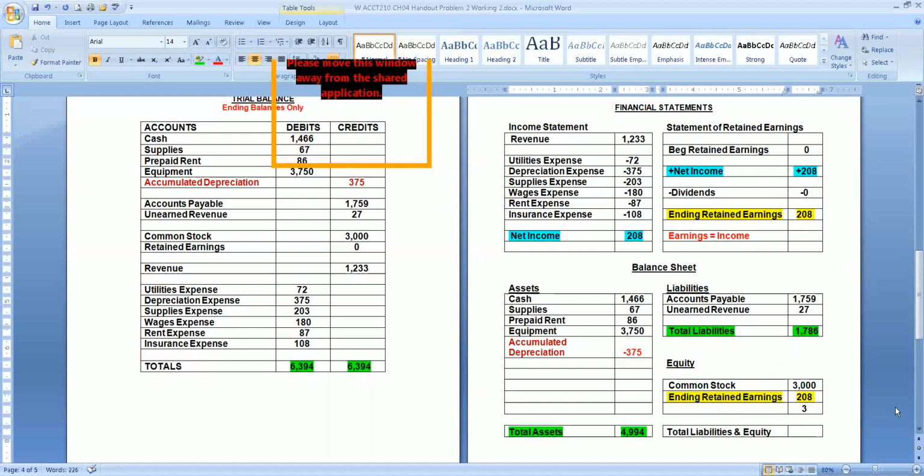So it's 3,208. Okay, so 1786 plus 3208. Yay!